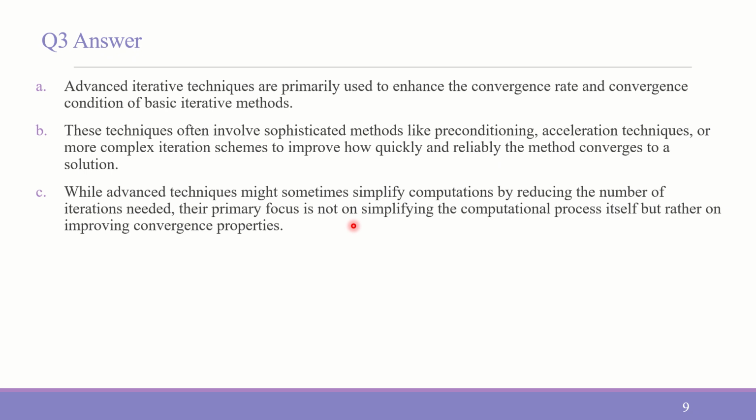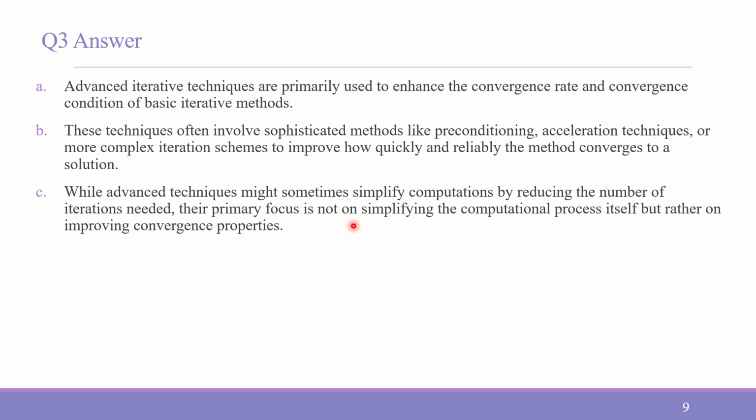And while advanced techniques might sometimes simplify computations by reducing the number of iterations needed, their primary focus is not on simplifying the computation process itself, but rather on improving convergence properties. So this is what I mentioned: advanced techniques might lead to simplified computations in terms of reduced iterations, but the primary focus is not on that.